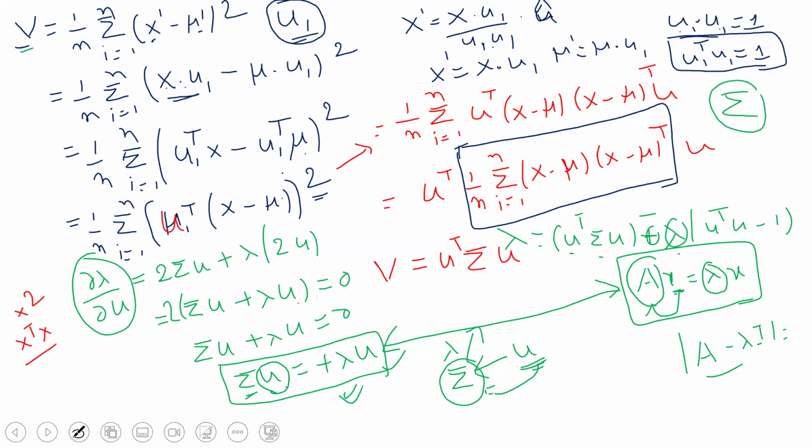Yes. Now you know u is the eigenvector of the covariance matrix. You want to maximize this. When you want to maximize an eigenvector, what value decides the magnitude or the length of an eigenvector? Is that not the eigenvalue?